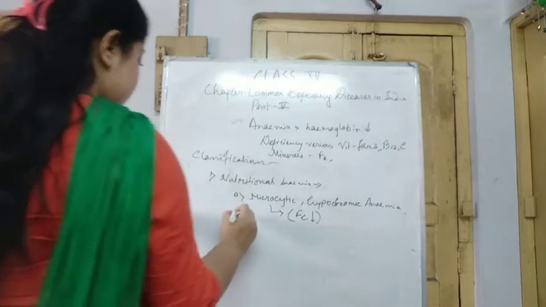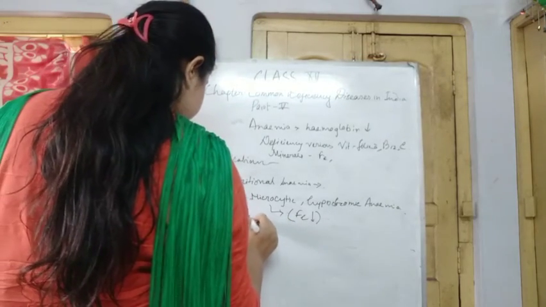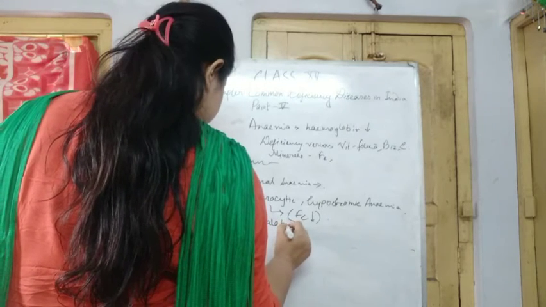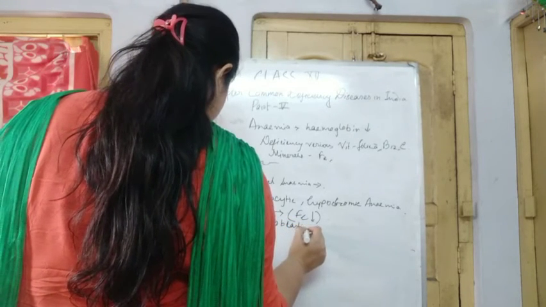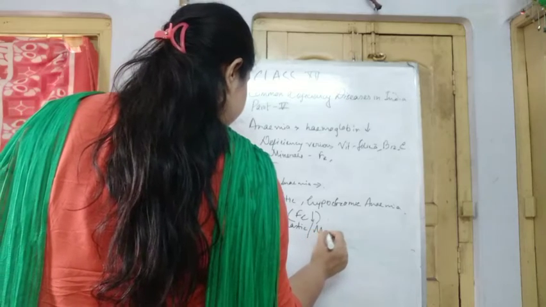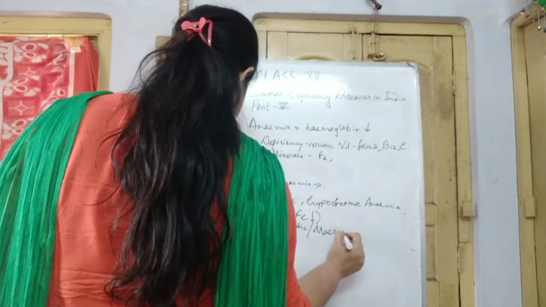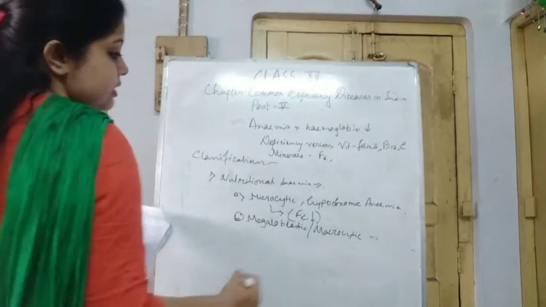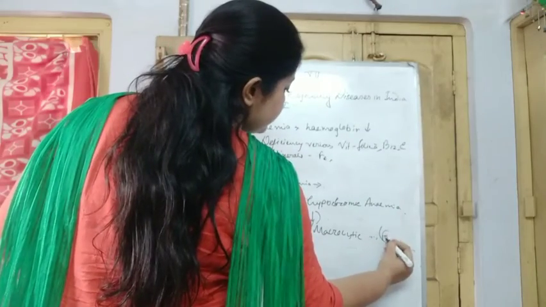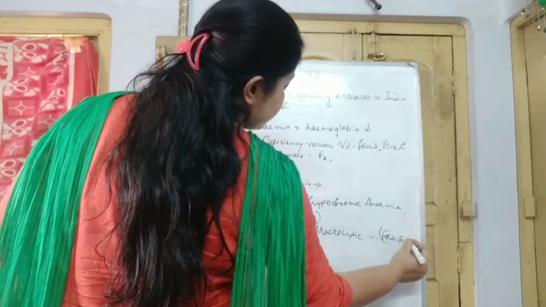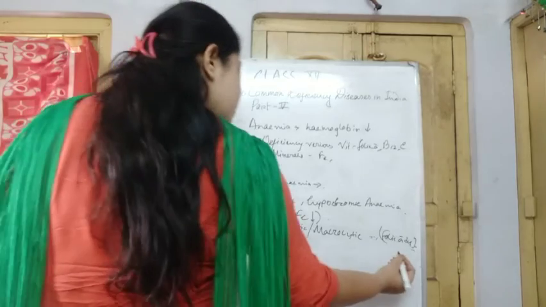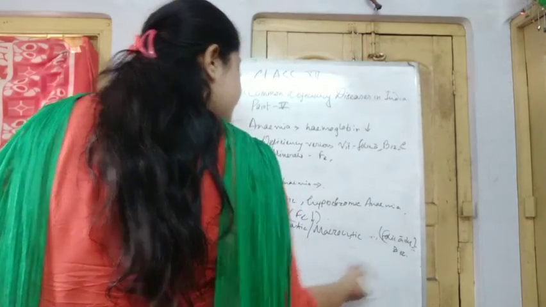Okay. The second one can be megaloblastic or macrocytic anemia. The reason for this can be folic acid deficiency, and also along with B12.